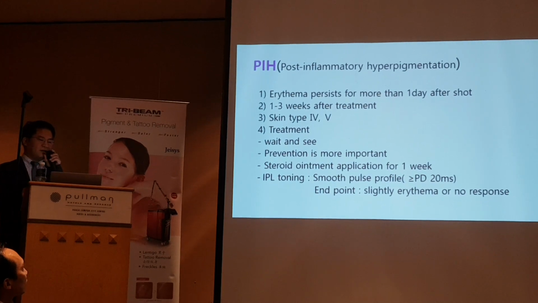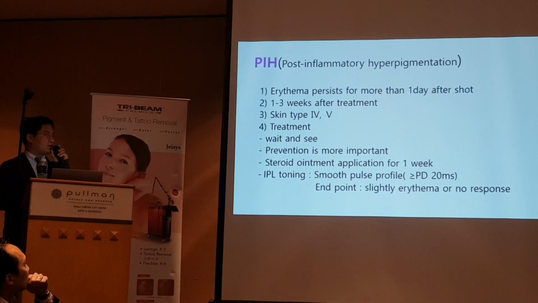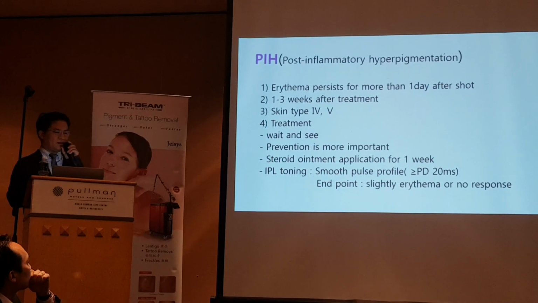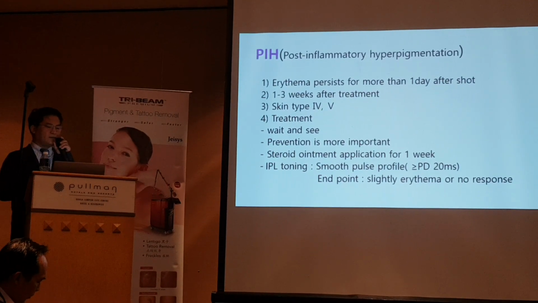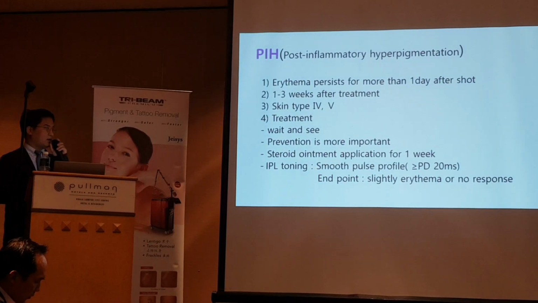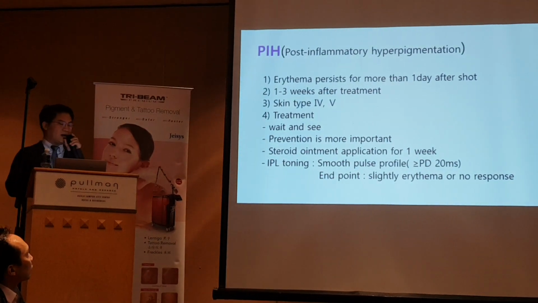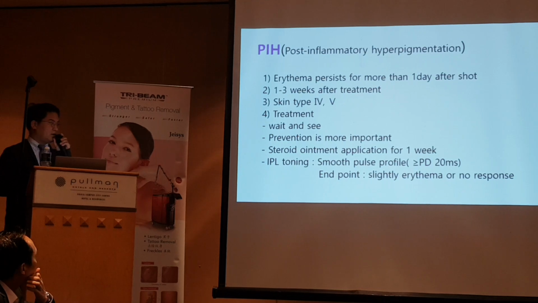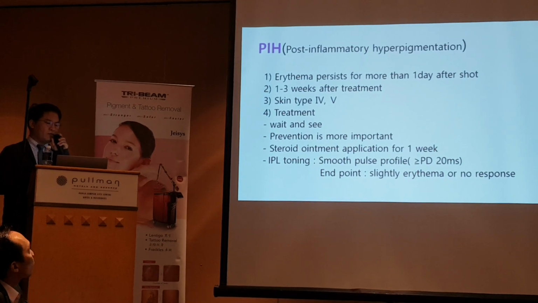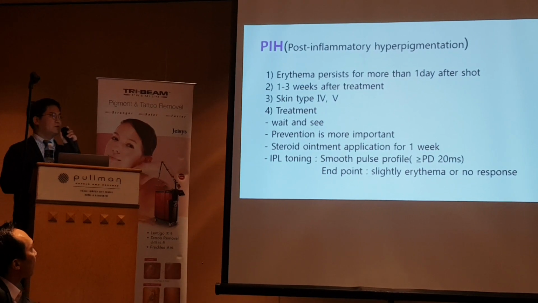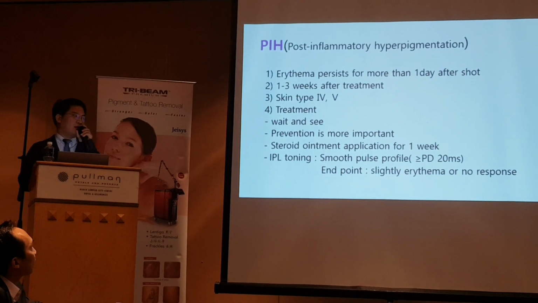especially in skin type profile. The treatment is first wait and see, and prevention is more important, and steroid ointment application for 1 week. And I recommend IPL toning. Smooth profile with pulse duration longer than 20 milliseconds.